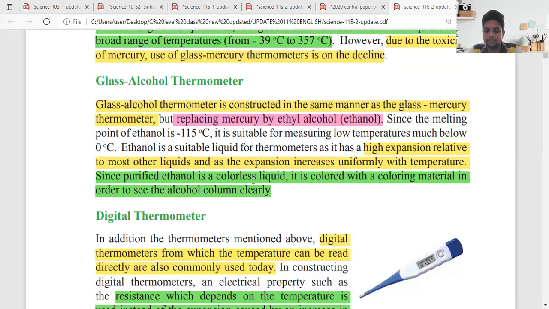Glass mercury thermometer. Next point, write down.